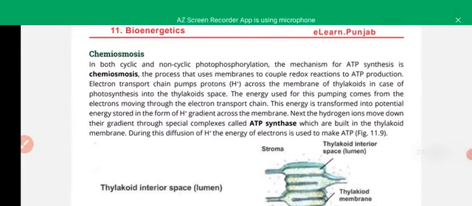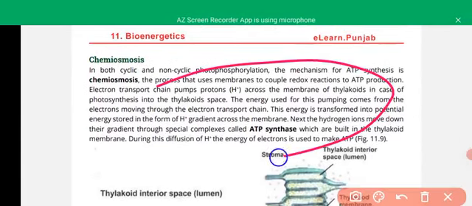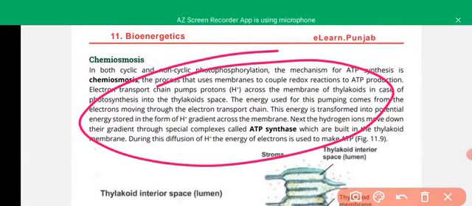Chemiosmosis is the process in which, first of all, electrons are transported. You know that photosynthesis occurs in the chloroplast, and it has stroma and thylakoid interior membrane lumen.